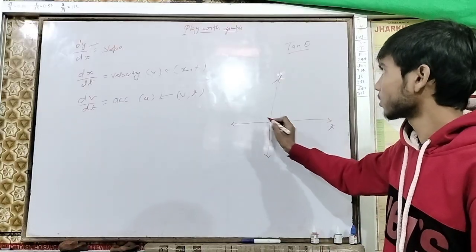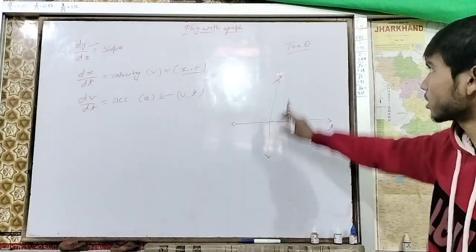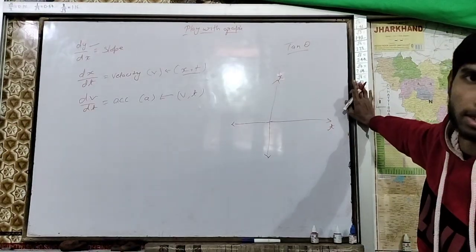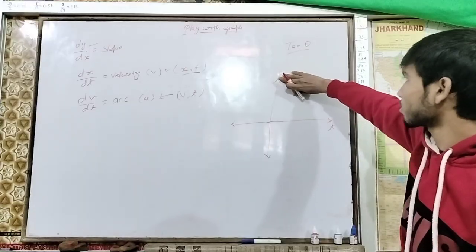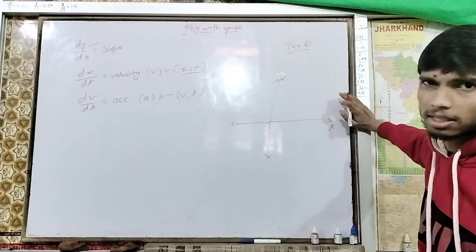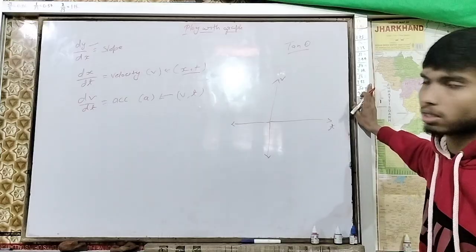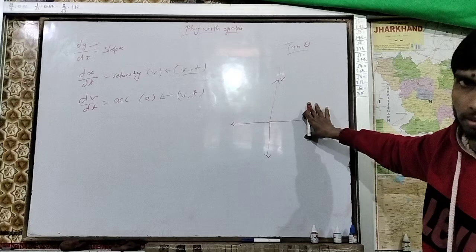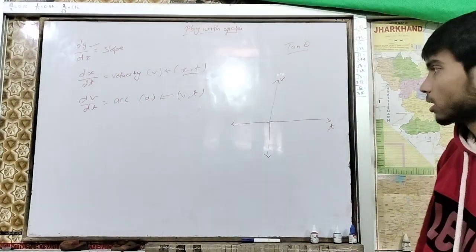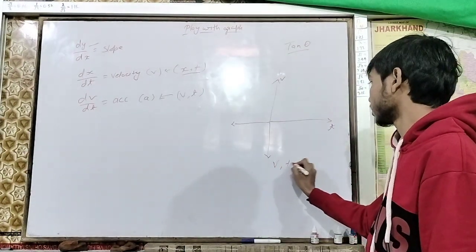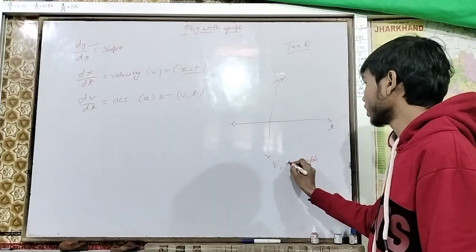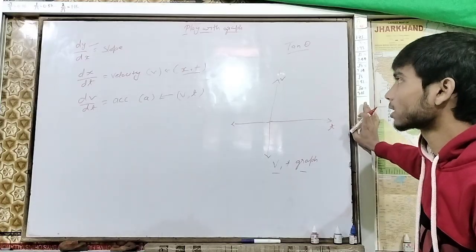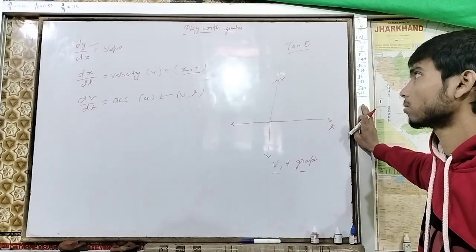This graph is known as the x-t graph, because here this is x and this is t. If you replace this x by v and t stays as it is, because time is compulsory in both cases, this graph became the acceleration graph, or you can say the v-t graph. From the v-t graph you will understand that we have the acceleration graph. From the x-t graph you will understand that we have the velocity graph.